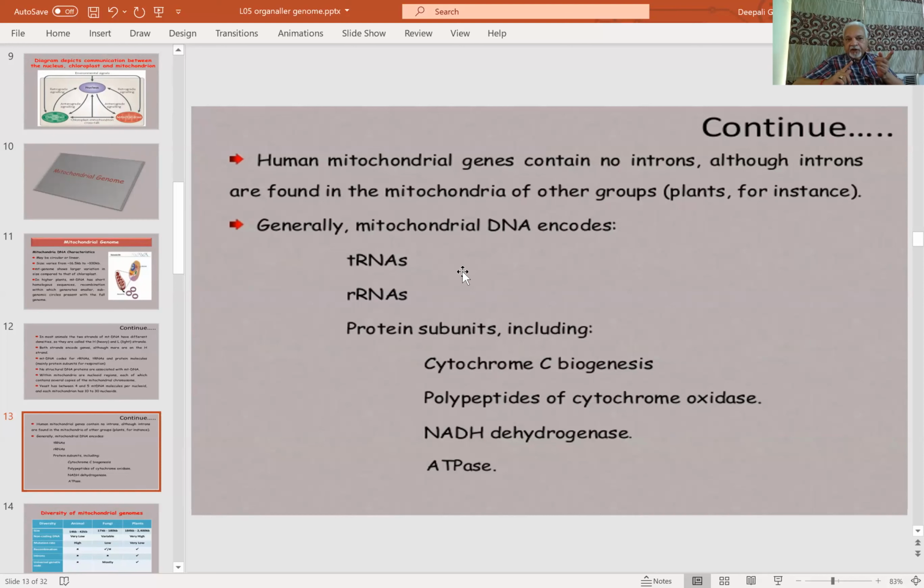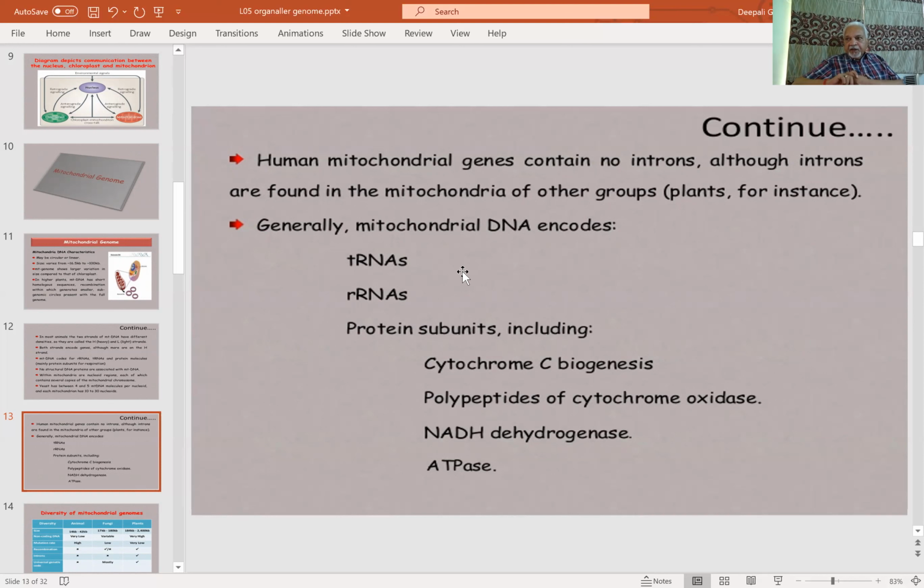Nuclear genes organize themselves as introns and exons, whereas the mitochondrial genes do not have introns. But introns are seen in other organelle genes, like chloroplast genes, they have.